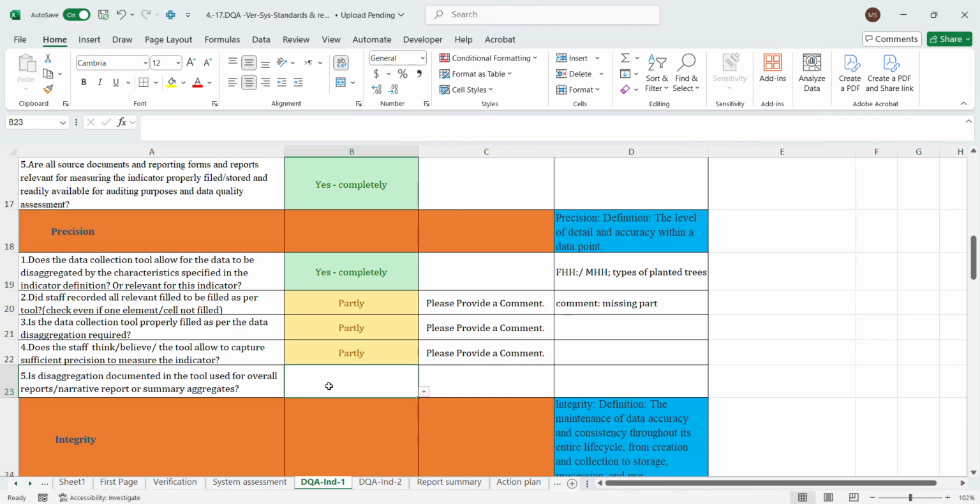If it is already there, both in the narrative report or summary table, we can say yes completely. And if those disaggregations were not reflected in the summary table or the report, we can say partly.